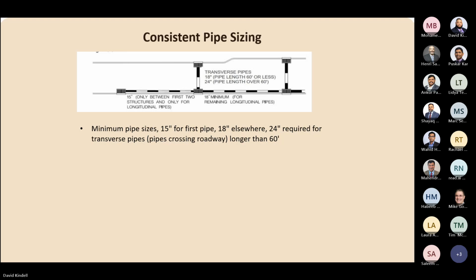And pipes crossing the road, as mentioned, have a little extra criteria if they're longer than 60 feet, structure to structure. They have to be 24 inches minimum. And that same criteria applies for culverts. Minimum is 18 inches unless it's more than 60 feet long, and then it has to be 24 inches minimum for culverts as well.